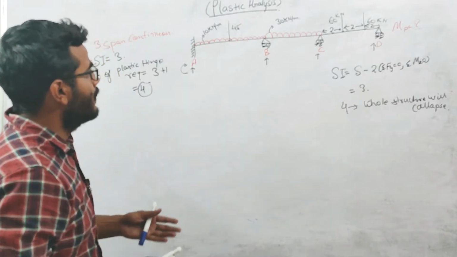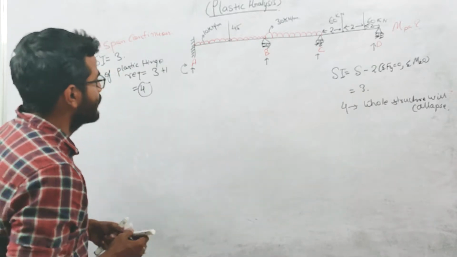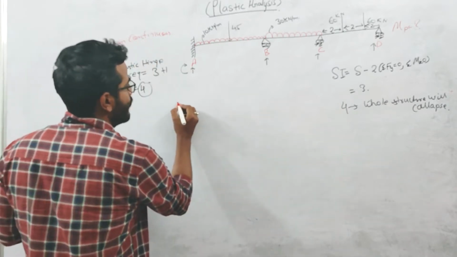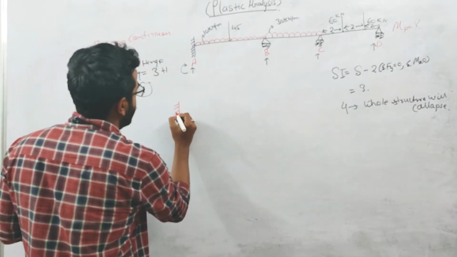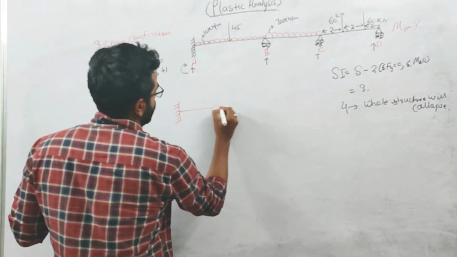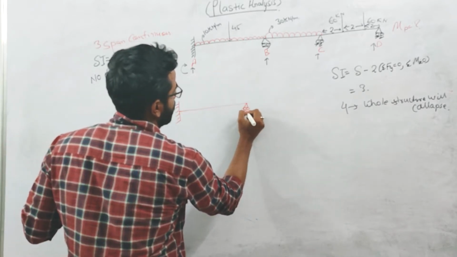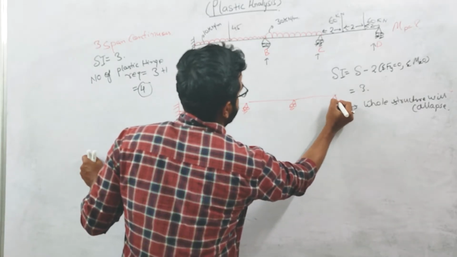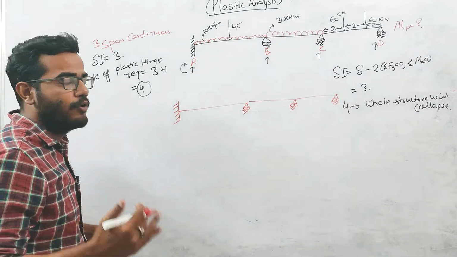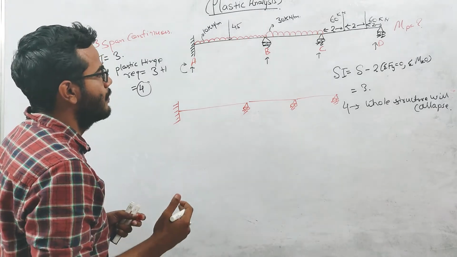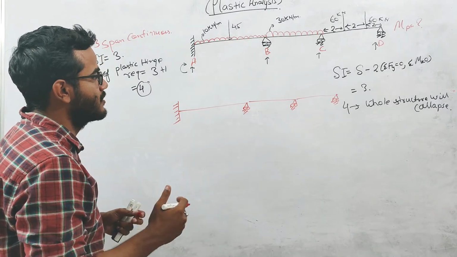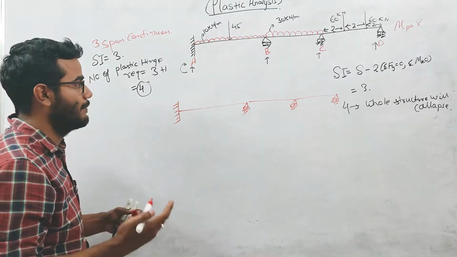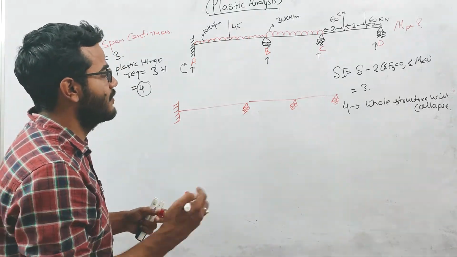Let us discuss this in detail. If 4 plastic hinges are forming on this beam, this is our continuous beam, and if 4 plastic hinges form on this structure, the whole structure will collapse.